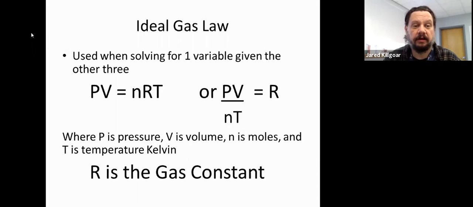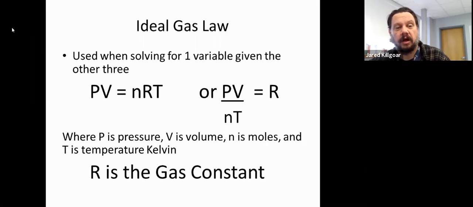The ideal gas law is P times V is equal to N times R times T, or sometimes we think about it as PV over NT equals R, where P is pressure, V is volume, N is moles, T is temperature in Kelvin, and R is the gas constant.